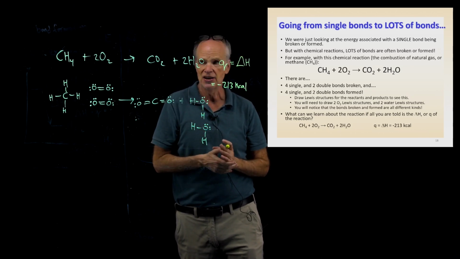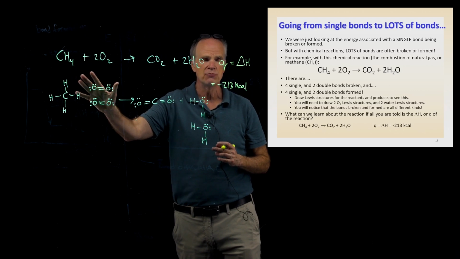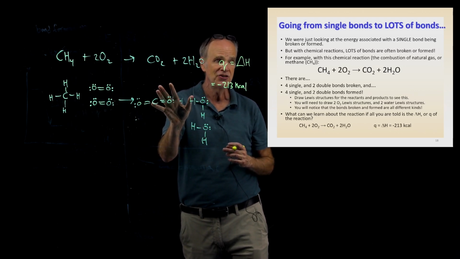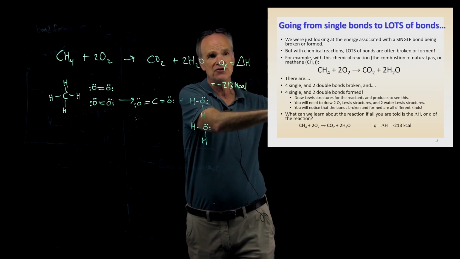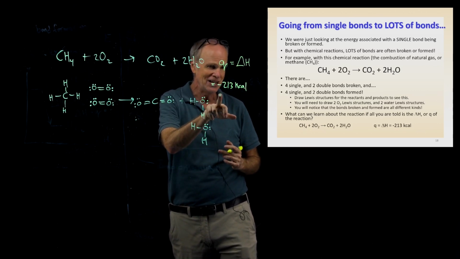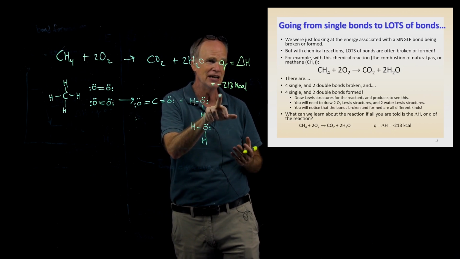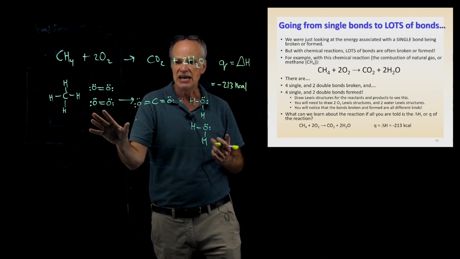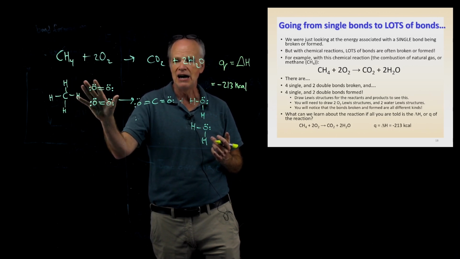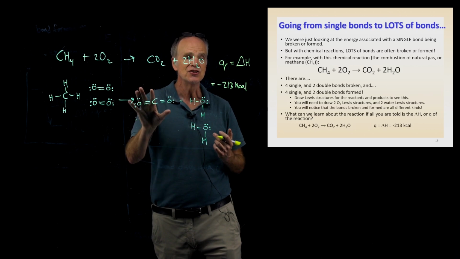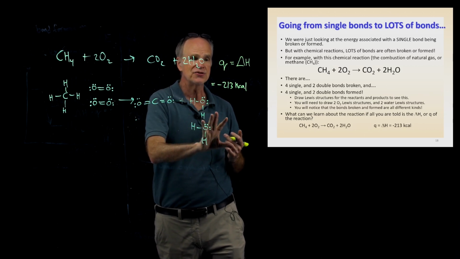What that tells you is this. After you have broken up all these bonds and you have formed these bonds, you have extra energy left over that is released. So the fact that this is an exothermic reaction tells you something kind of interesting. It tells you that we don't need as much energy to break all the bonds here as the amount of energy that is released when all these products form.